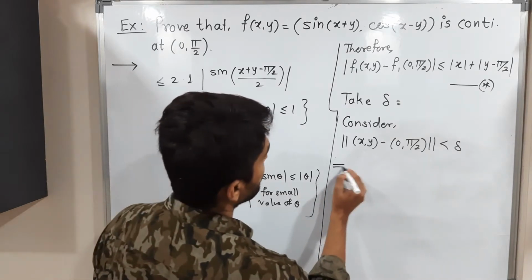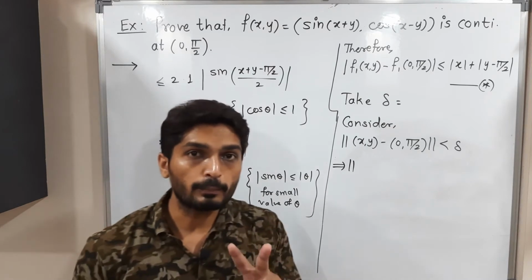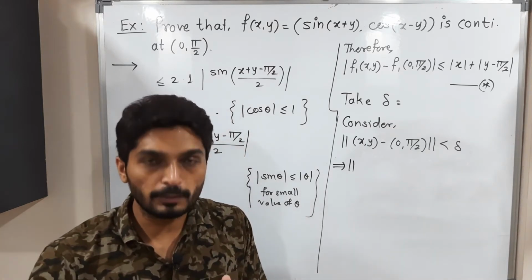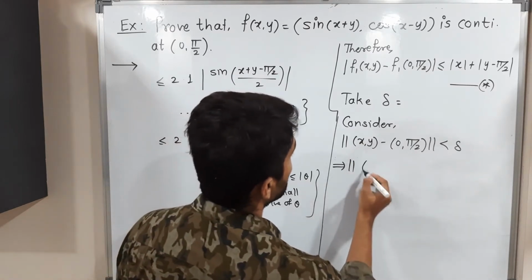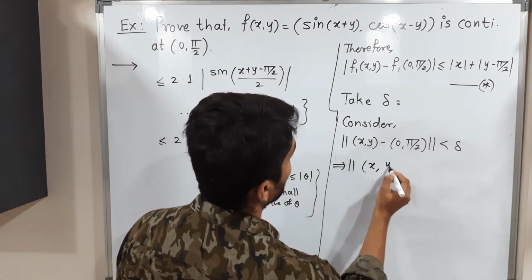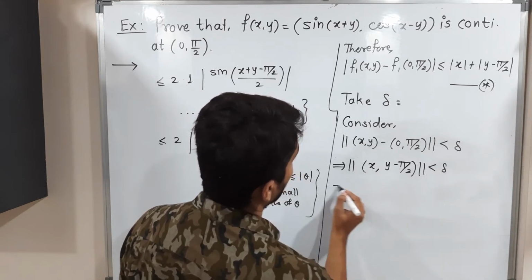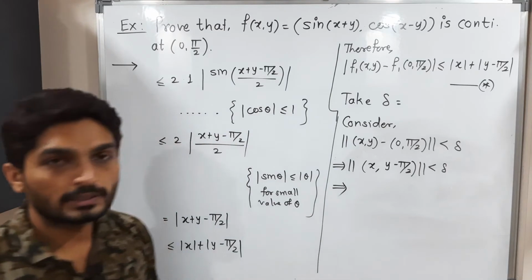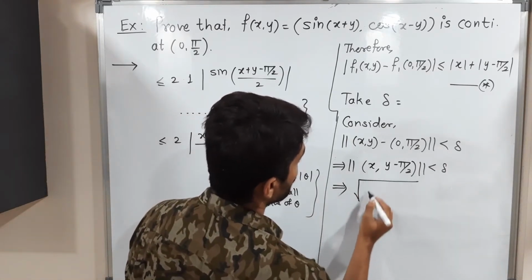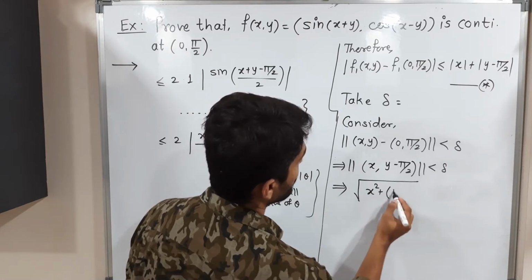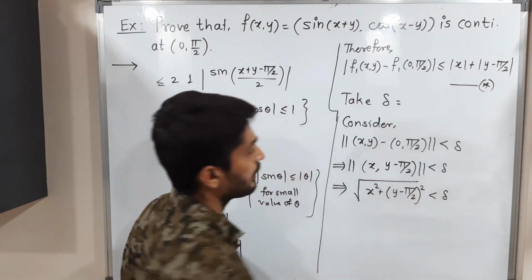Do you know how to subtract when you have two components? Component wise: first component minus first component, second component minus second component. So x minus 0 we have x, and y minus pi by 2, correct? So the norm is less than delta. What is the definition of norm? Square root of x square plus y minus pi by 2 square is less than delta.